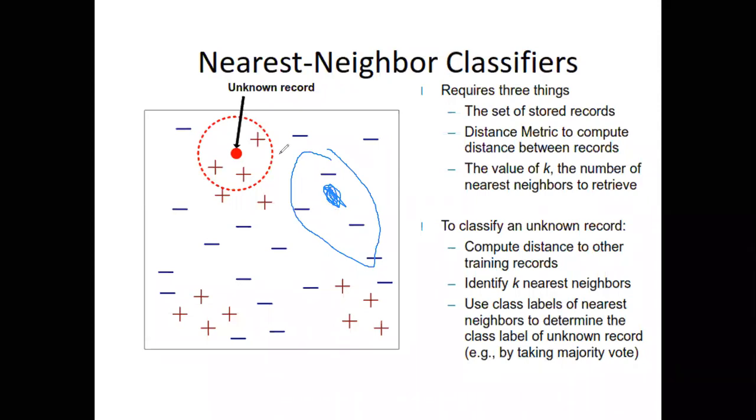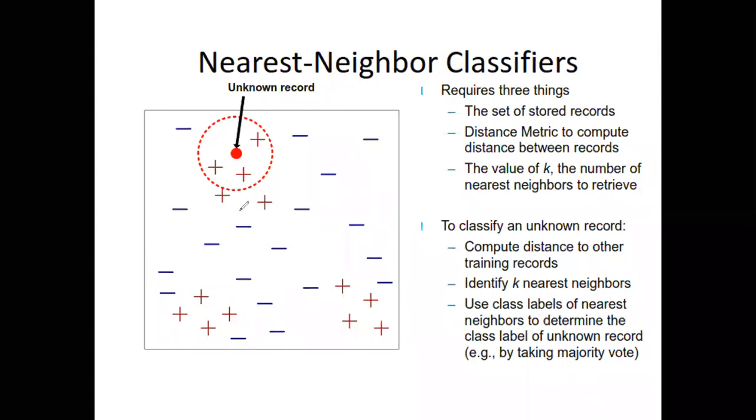If the red dot is here in the first place, it is closest to positive dots. We selected 3, so it is close to 3 positive dots, so it's a positive dot. If I take this new dot, 3 nearest neighbors means it is close to these 3 negative dots, and it's a negative one.